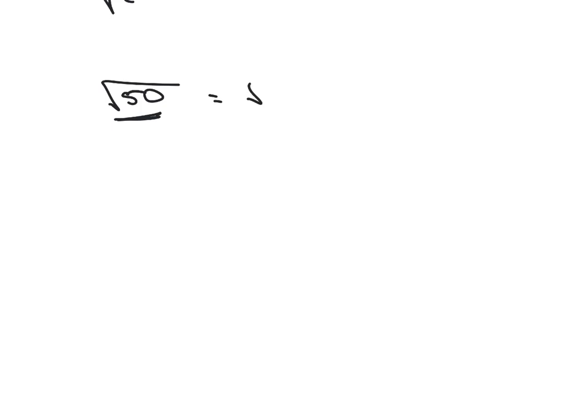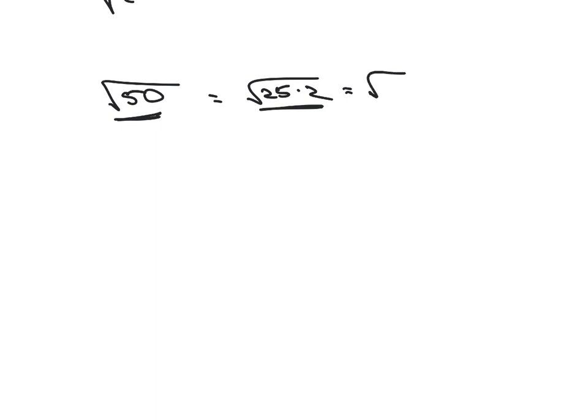So this is the square root of 25 times 2. Okay, it's also the square root of 10 times 2. But I can't take the square root of 10 or the square root of 2, so I don't want to use that. But because I can take the square root of 25, I want to use that one. It just makes it easier. You can use anything you want, but this just makes it easier.